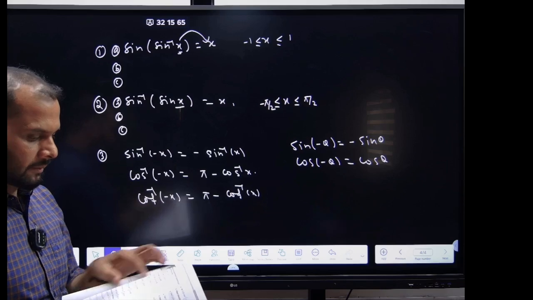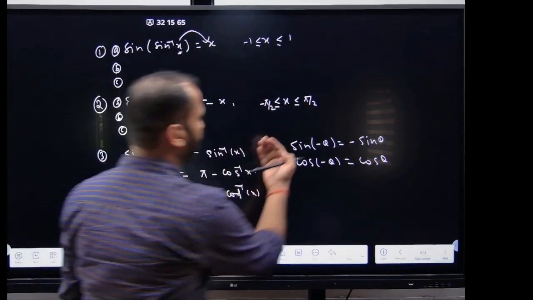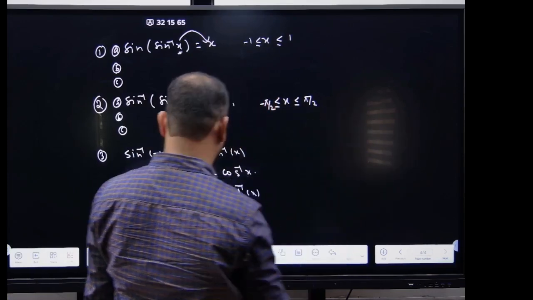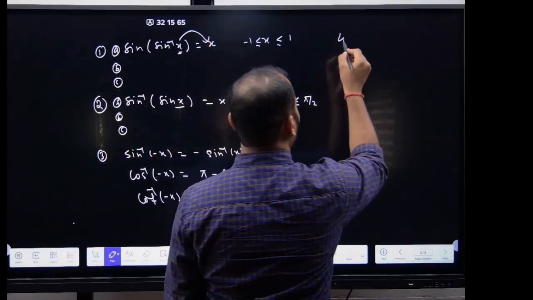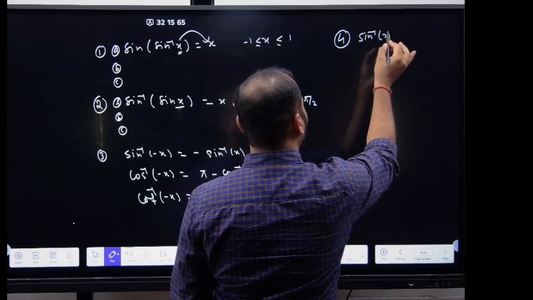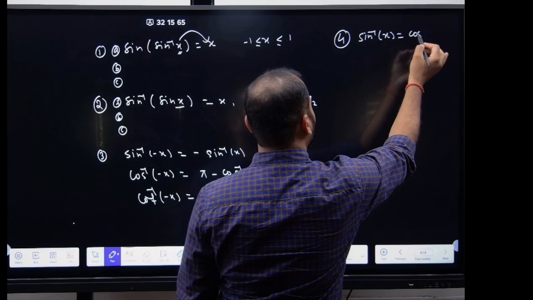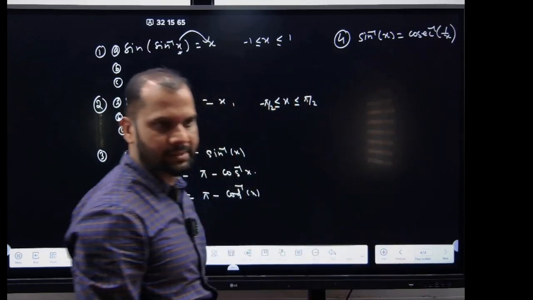Now, next, so this is the third property. Now, I will be writing here the fourth property and so on. Should I write the fourth one? Just now I taught you that sine inverse of x can be written as cosecant inverse of, you just change the angle to 1 by x.